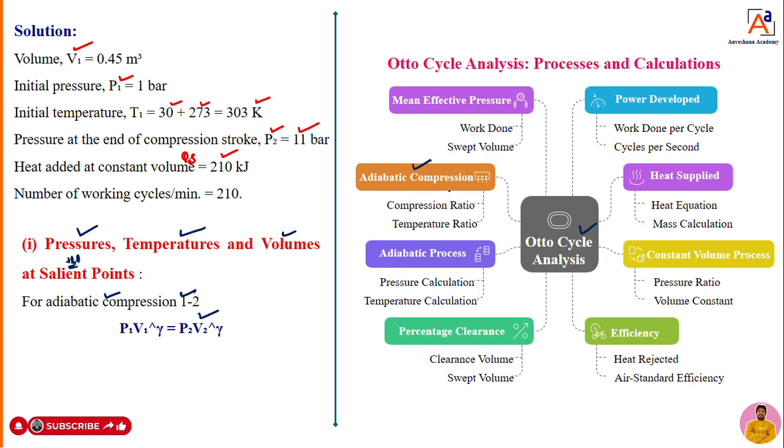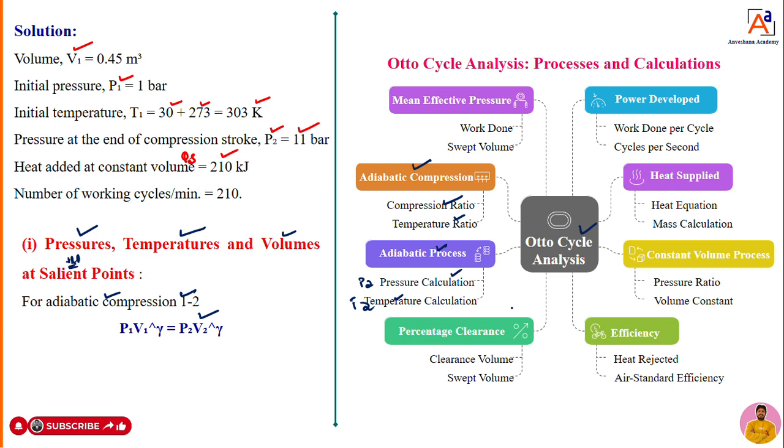With the help of adiabatic compression, we can calculate the compression ratio, and with the temperature ratio I can calculate T2 also. During the adiabatic process, the pressure changes from P1 to P2, so I can calculate P2 also. This is the adiabatic process.